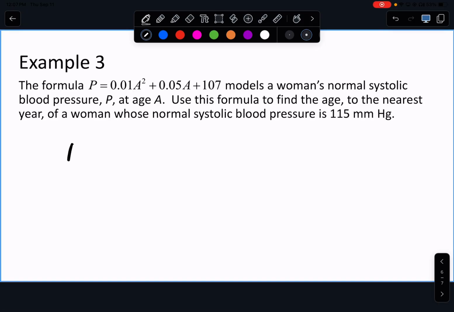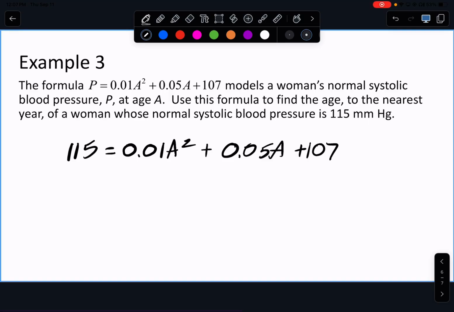So we're going to plug that in. 115 equals 0.01A squared, and so on. Now, this goes back to our bell work today.